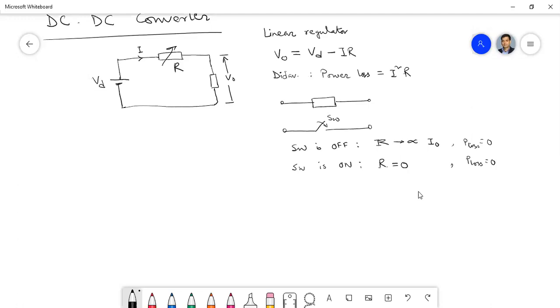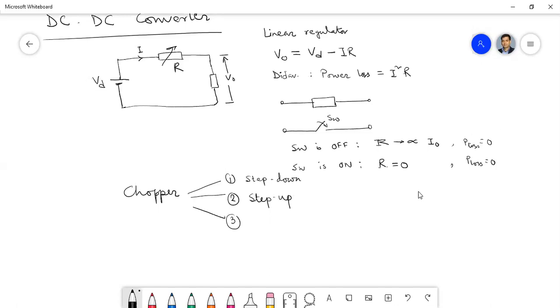Now, before going into the DC-DC converter, or the chopper, we should say there are three types of chopper. Number one is called the step down chopper. Number two, step up chopper.